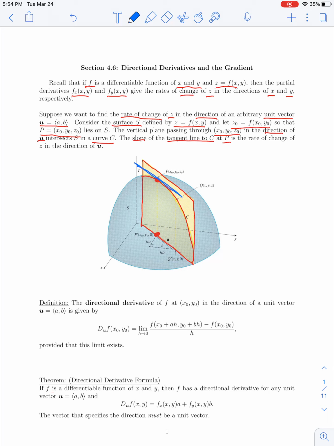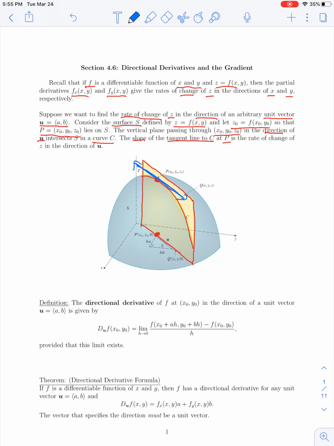So here, the tangent line to the curve C passing through that point P would be this tangent line, and I'm trying to find the slope of that tangent line. So this slope is what is called the directional derivative of our function at the point x naught, y naught in the direction of the unit vector u.